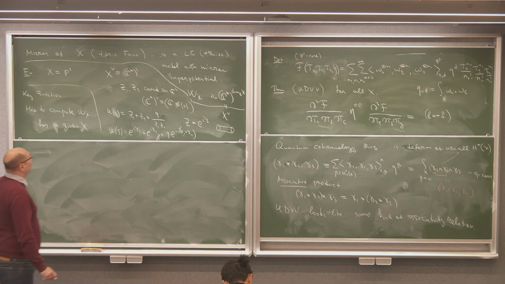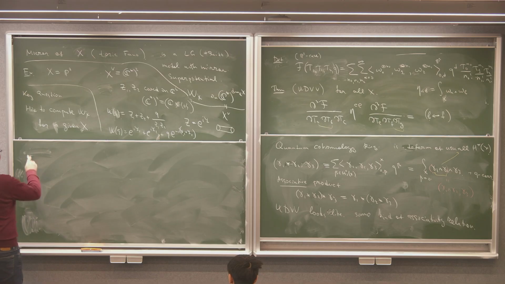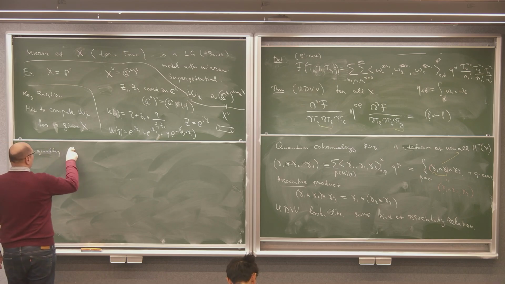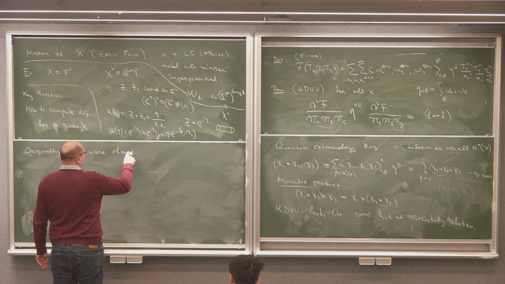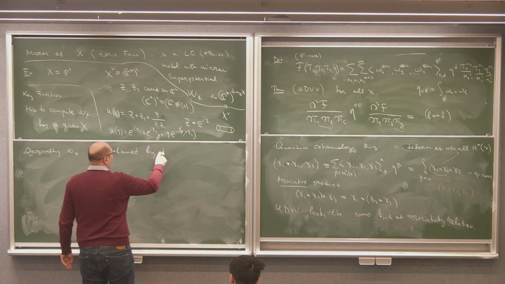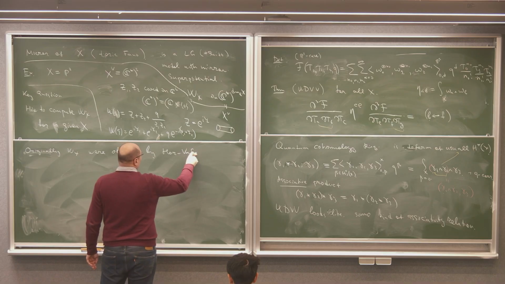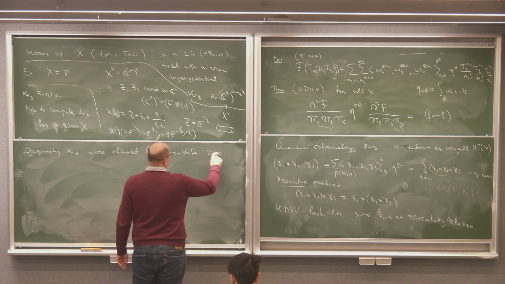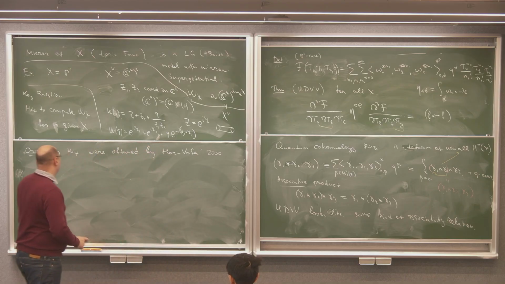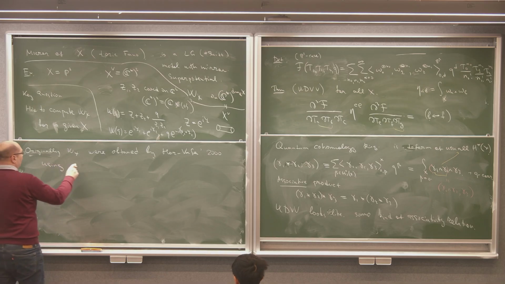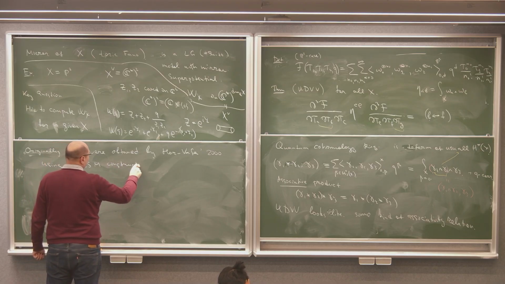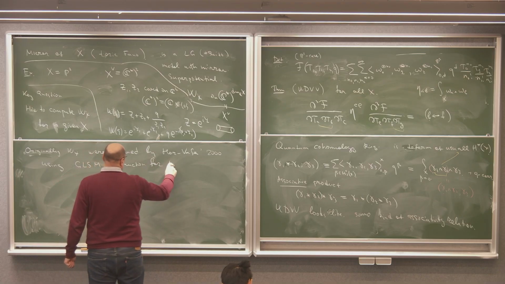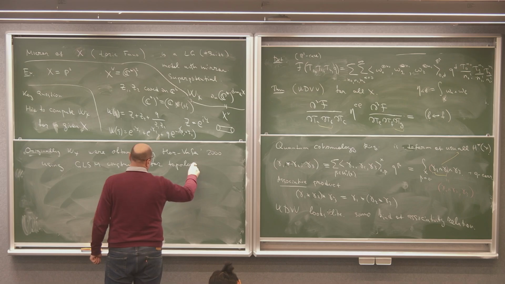For now, we can say that all the superpotentials W_X were originally obtained by Hori and Vafa in their famous work in 2000, using the gauge linear sigma model construction for topological strings.